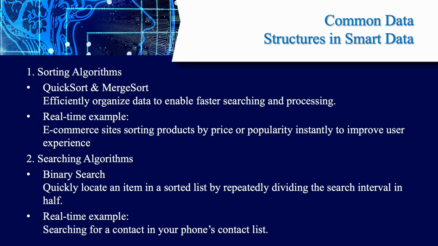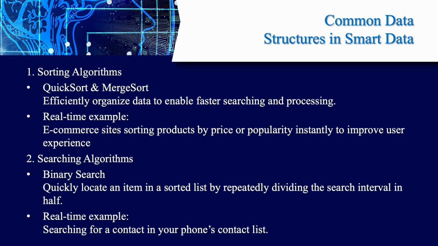So the moment you choose sort by price, low to high, the system quickly arranges all those items in order. Behind the scenes, algorithms like quicksort or merge sort are doing that work instantly. And why does this matter? Because sorting means a faster user experience, which keeps customers happy and more likely to buy, right?